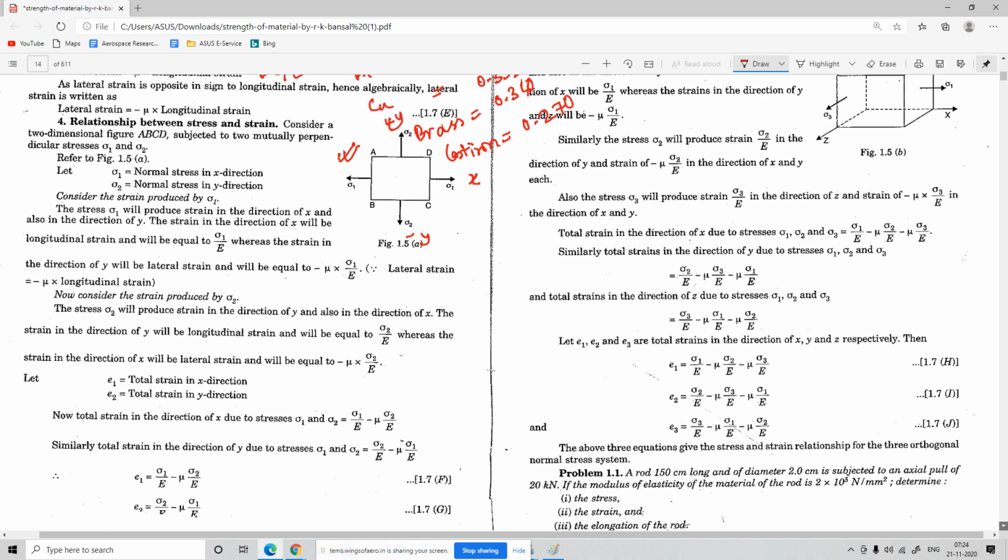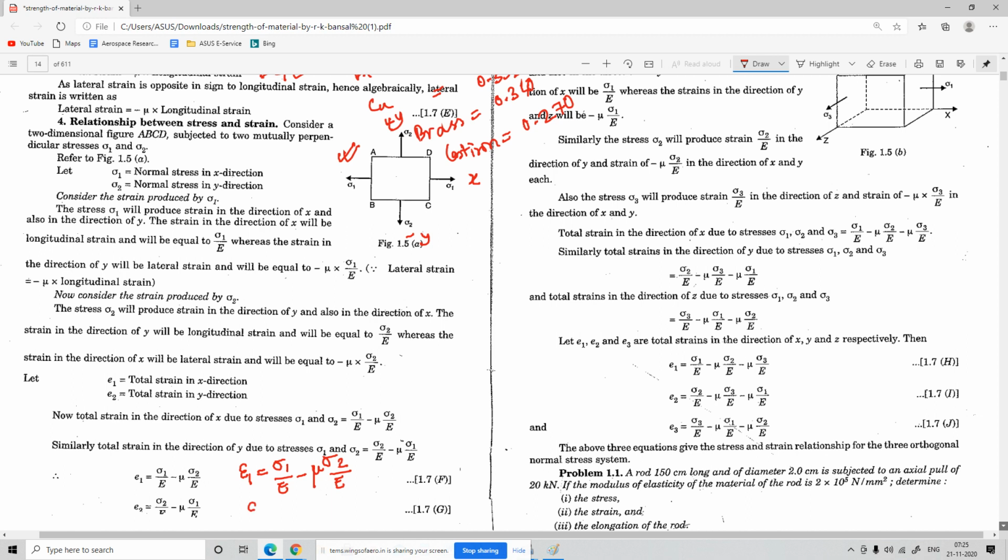If it is two-dimensional, if they have given only two directions, x and y, you have to use this formula when finding the strain. When finding the strain along the x direction, it is sigma 1 by E minus mu, the Poisson's ratio, times sigma 2 by E. E is the Young's modulus. Sigma 1 is the stress along the x direction, sigma 2 is the stress along the y direction.